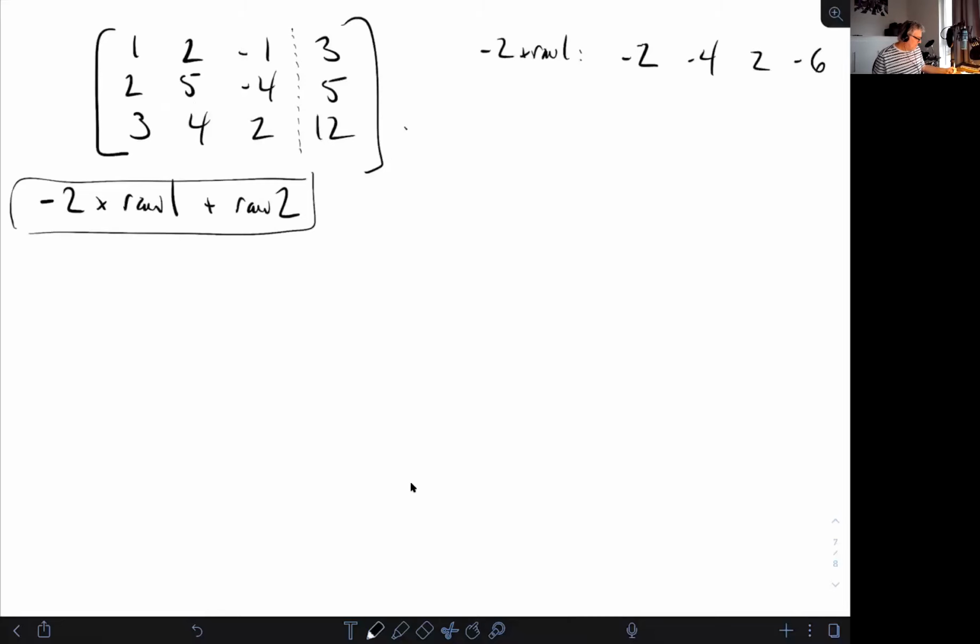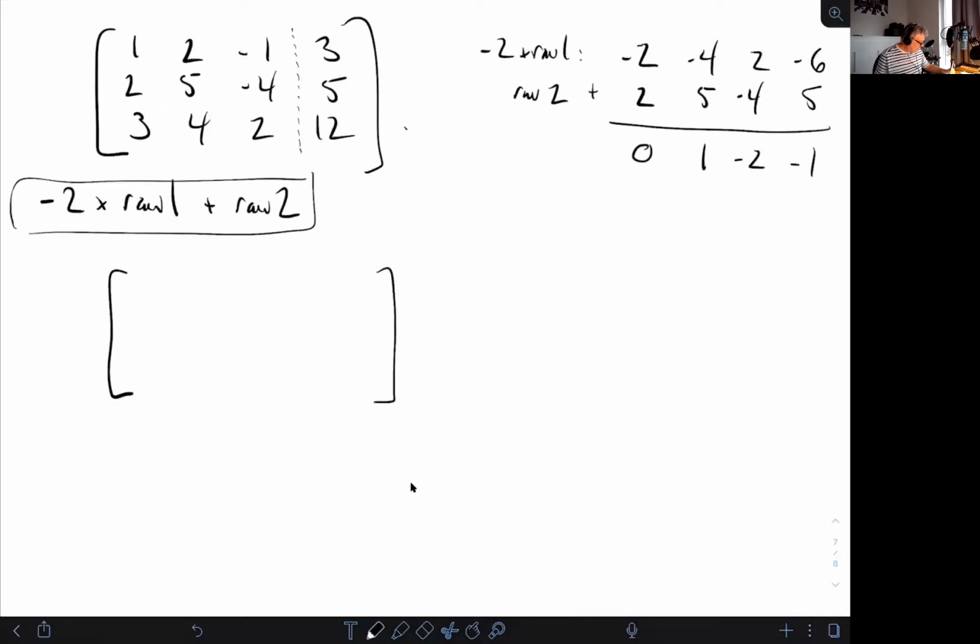So -2 times row 1 is what you see here. I'm going to add row 2, which is 2, 5, -4, and 5. So I get 0, 1, -2, -1. Okay, so the resulting matrix that I get is this. The only thing that changed is row 2.